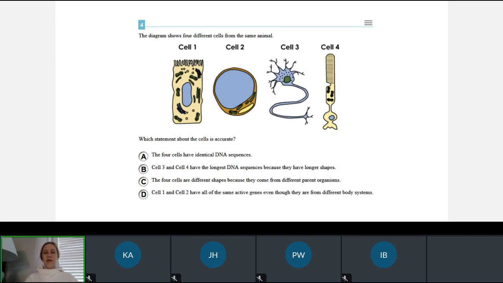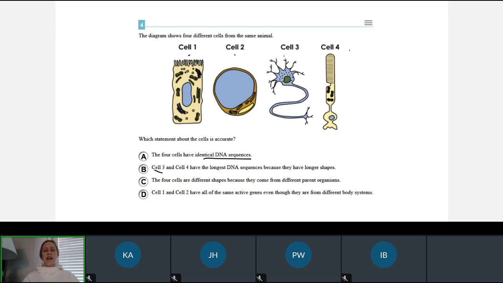Perfect. All right. So this is a diagram, right? It's got 4 types of cells from the same animal. Cell 1, cell 2, cell 3, cell 4. These are all cells from the same organism. So what statement is true or accurate about the cells? The 4 cells have identical DNA sequences.